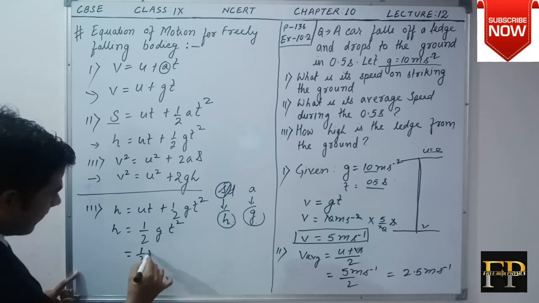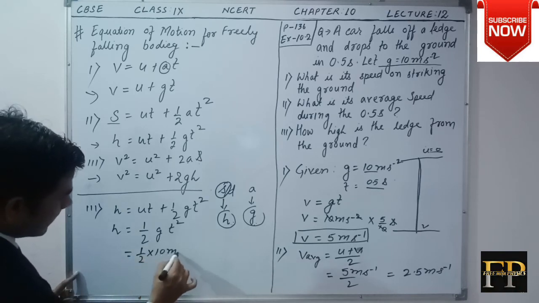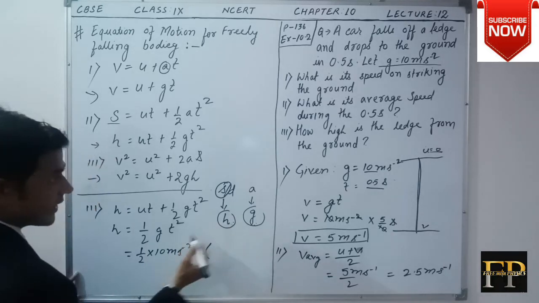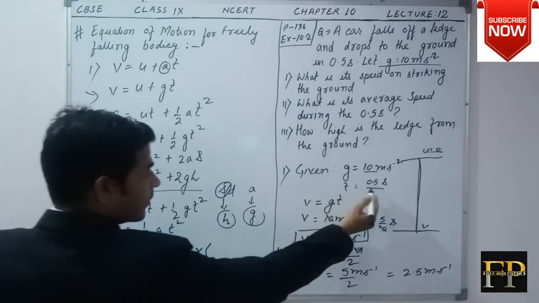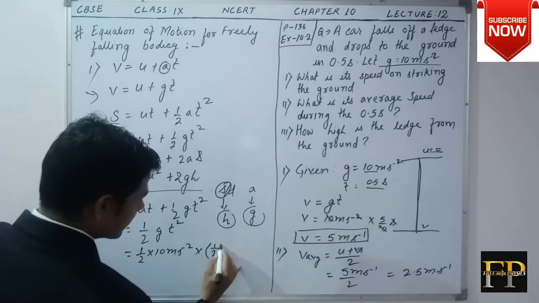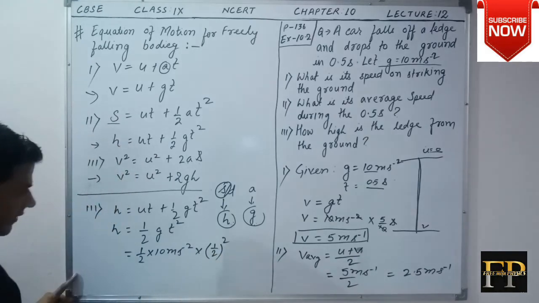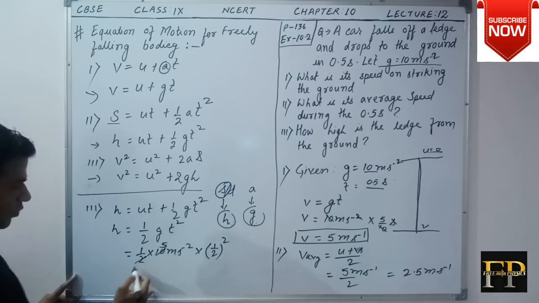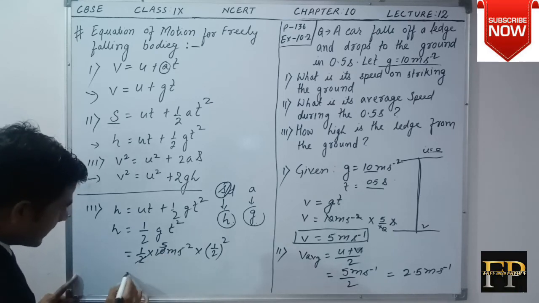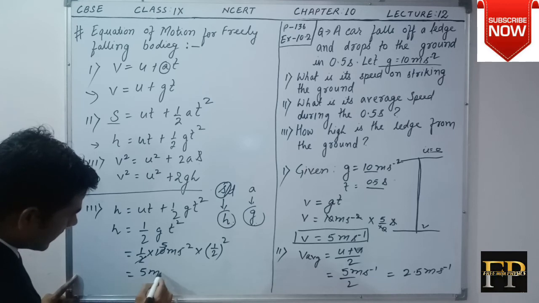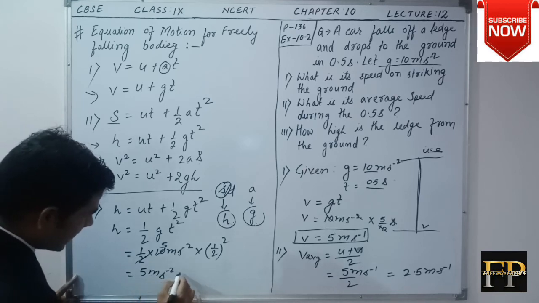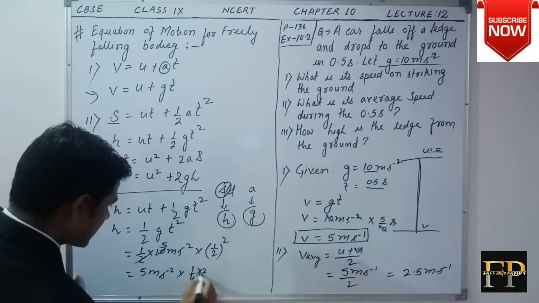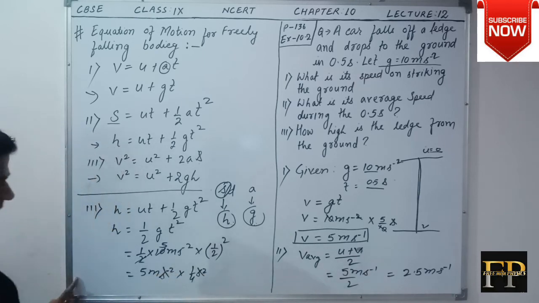So we get half times 10 meters per second squared times, writing the time 0.5 as half, half squared. That gives 5 meters per second squared times 1 by 4 second squared. The second squared and per second squared cancel out.